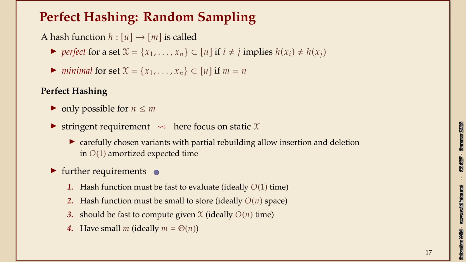And indeed, what we want for a hash function is not just to be perfect. We want more than perfect. It should be fast to evaluate, which the term doesn't contain. It should be small to store, again not in the term. It should also be quick to find such a perfect hash function. Perfect things are not easy to find sometimes.